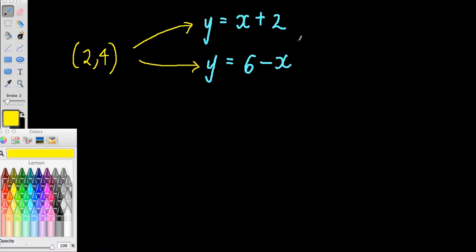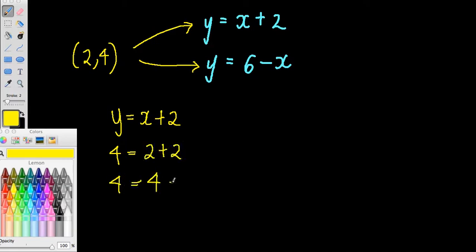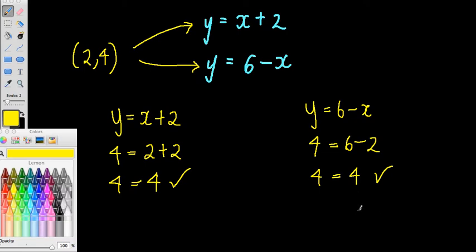So let's have a look. If y is equal to x plus 2, let's put the y value in, let's put the x value in, and we see, yep, 4 is equal to 4. Perfect, it works. Let's try the other one. y is equal to 6 minus x. Substitute that value in. 4 is equal to 6 minus 2. Is that true? Yes, it is.